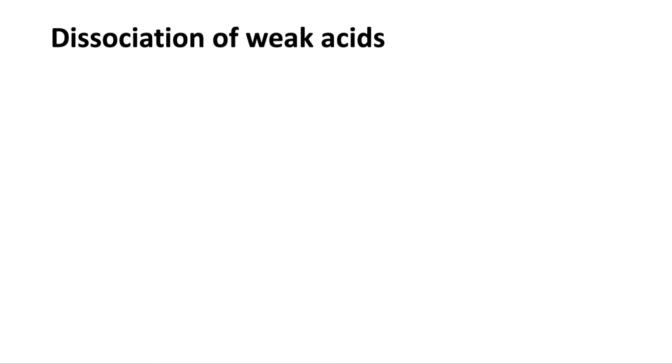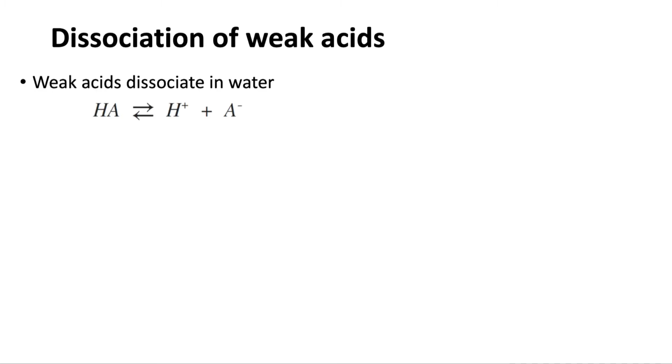So let's step back. And again, we have to treat this differently whether we're talking about a weak acid or a weak base. So on this slide, we're going to talk about the dissociation of weak acids. We would call an acid abbreviated HA. An HA, a weak acid, you put in water and then it will dissociate and give up its hydrogen ion.